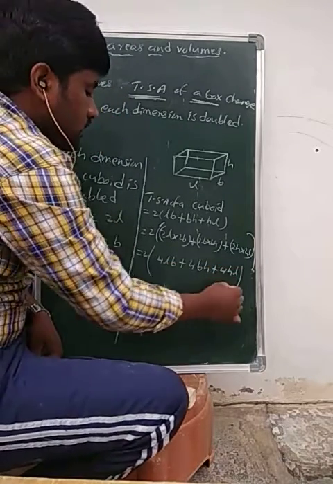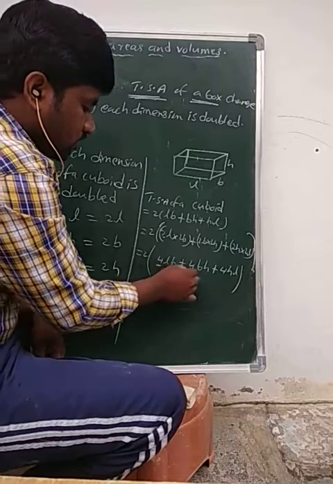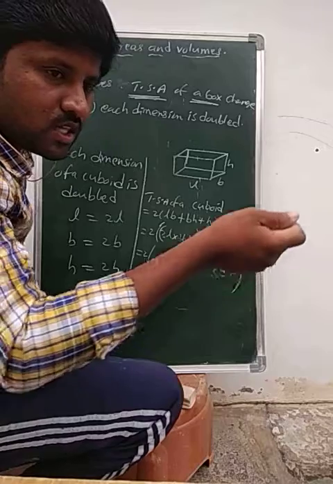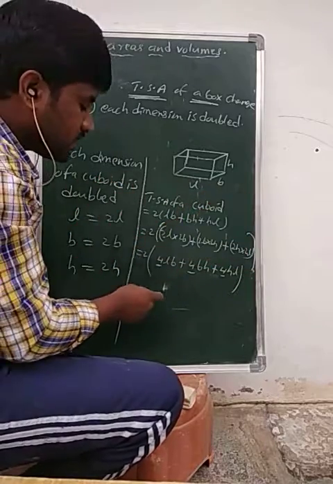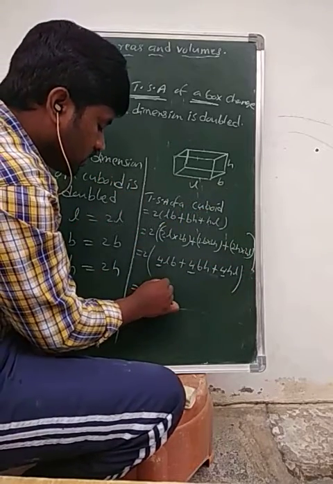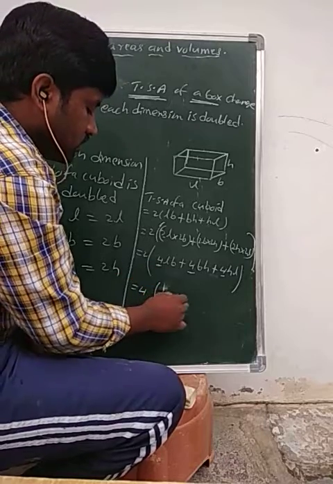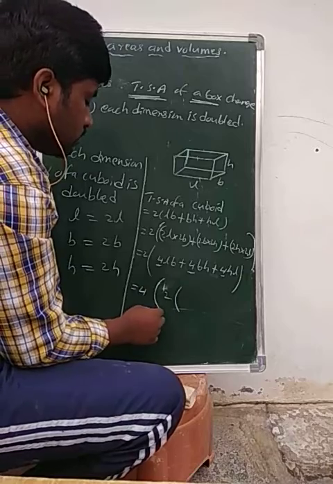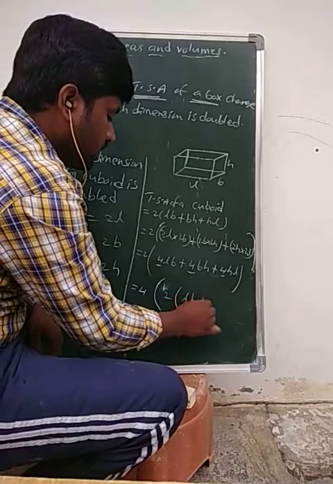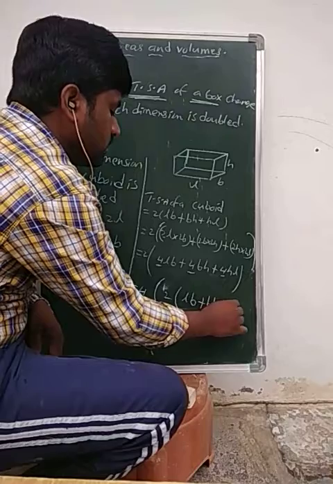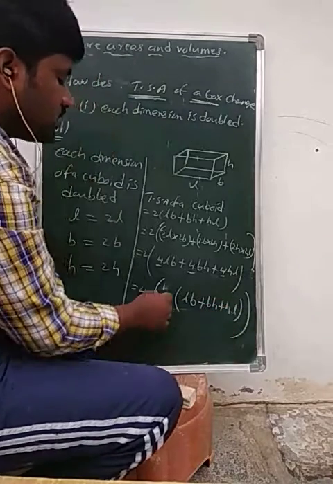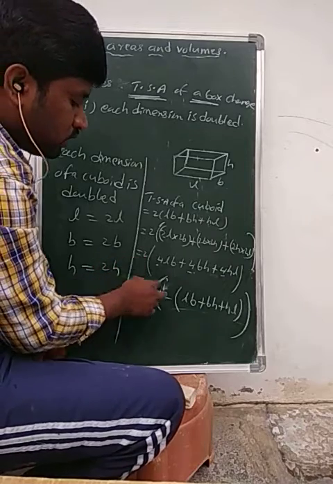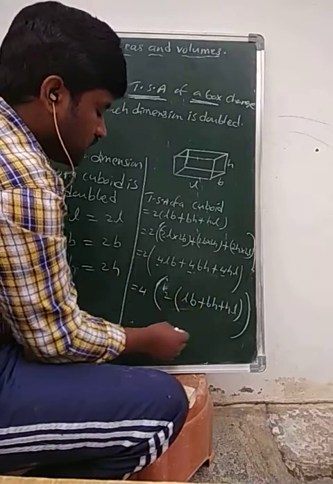Okay, now here 4, 4, 4, the 4 is common. So that's what I'm doing, you just take out the common 4. Then what happened, we get 2 of LB plus BH plus HL, because we already took the common 4 out.